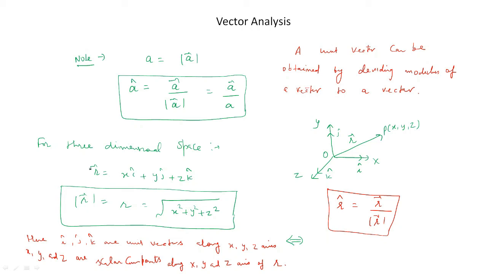The magnitude of this vector in three-dimensional space can be written as root of x square plus y square plus z square. Similarly, we can find the unit vector R, and it will be equal to vector R divided by modulus of the vector.